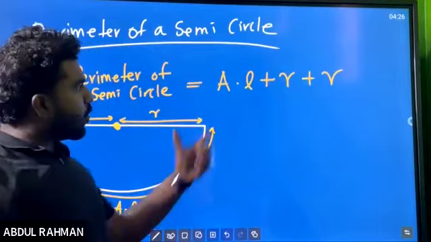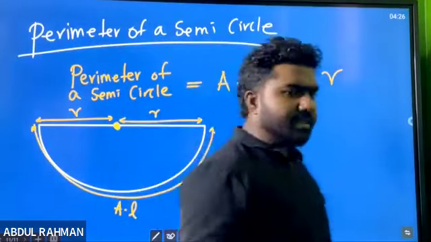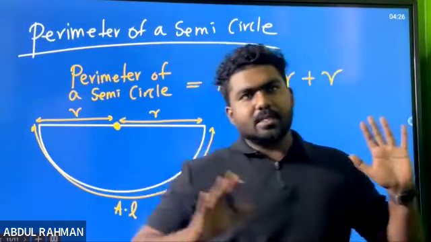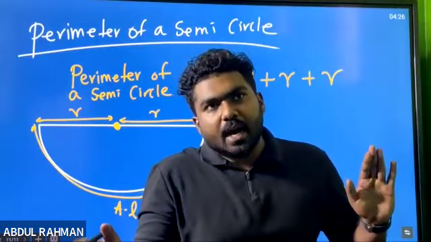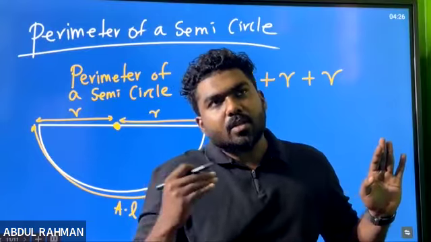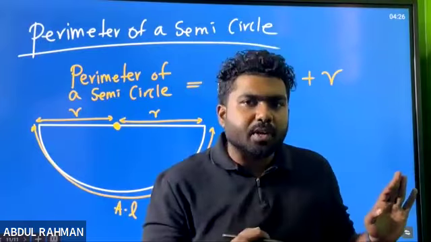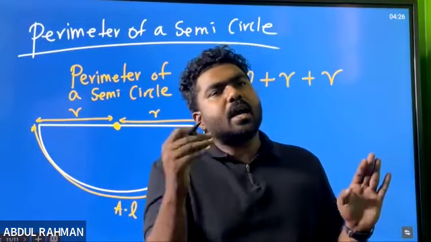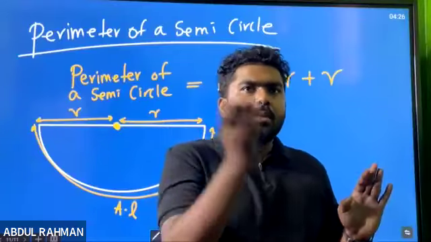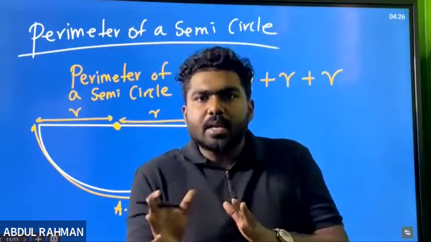What is the equation I gave for arc length? Don't learn it by heart. Circumference is 2 pi r, so the arc length of a semicircle is going to be half of it. If I divide 2 pi r by 2, the 2 and 2 get cancelled off. What is remaining? Pi r.